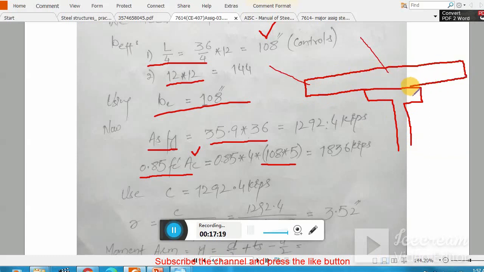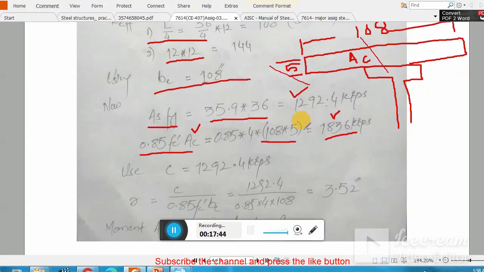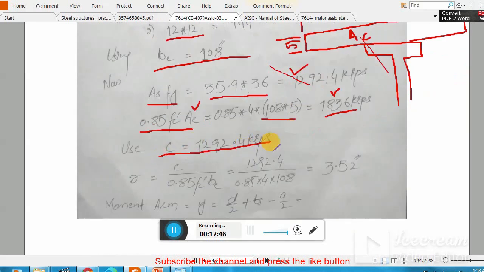The effective width of this concrete section is 108, and the thickness of this concrete is 5 inch. So the area Ac is 108 times 5. So that's why they multiplied 108. The strength of the concrete is this many kips, and you have to select the lower one. So this one is control. So your C value will be this one.